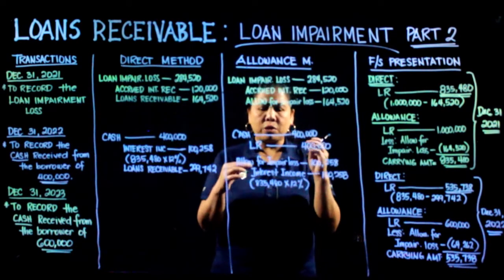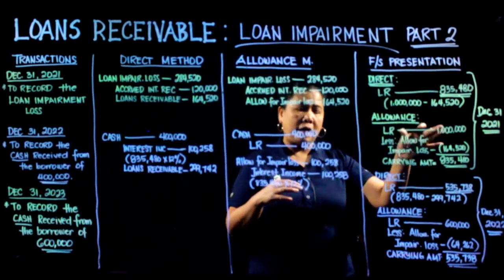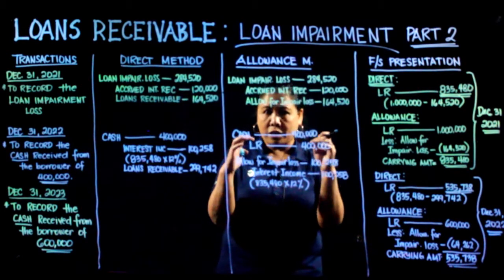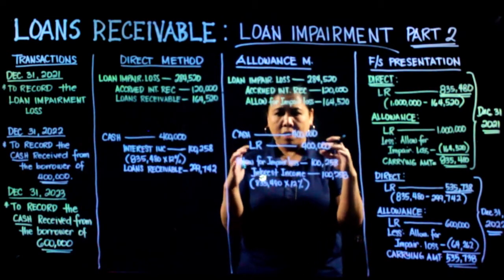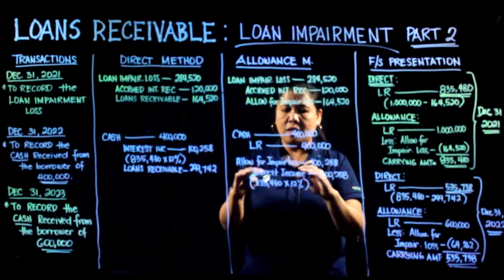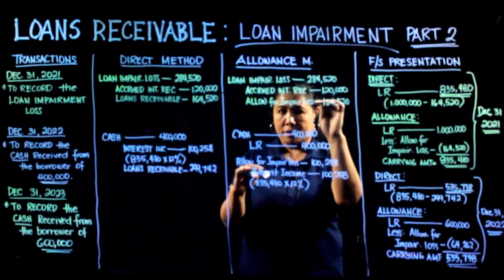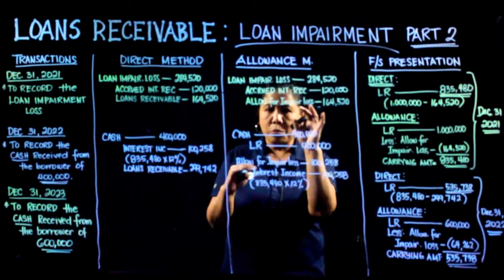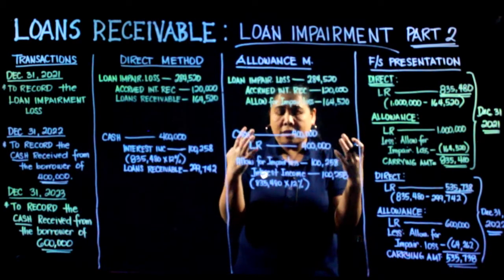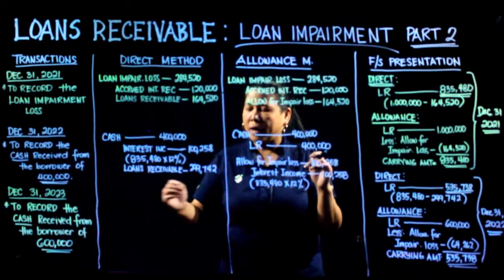Dito naman sa allowance method, dahil hindi natin binabawasan ang ating loans receivable, nandyan pa rin yung principal, yung cash na ni-receive natin, yun ang i-credit natin sa loans receivable. Then, magre-recognize tayo ng interest income, kukunin natin yan sa allowance for impairment loss na account.